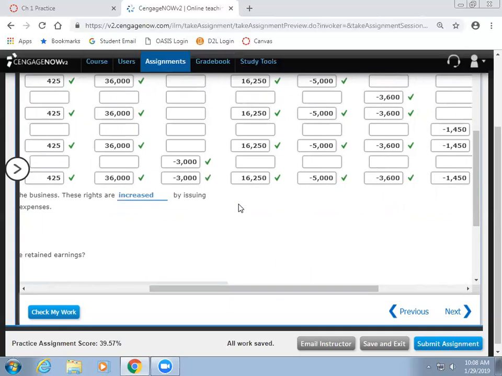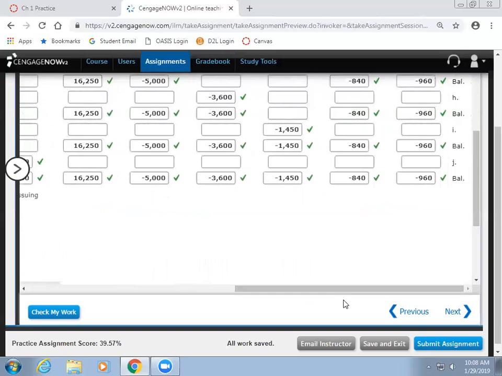And then we're just going to subtract out all of the expenses. So minus $5,000 for rent, and then minus $3,600 for salaries. And then what was it? $1,450 in supplies. And we just had the other two, $840 for auto and $960 for miscellaneous.